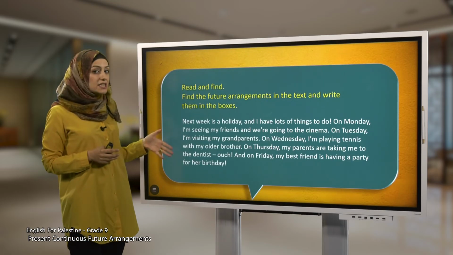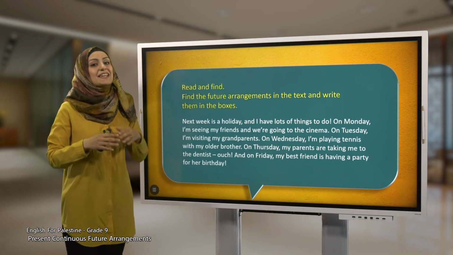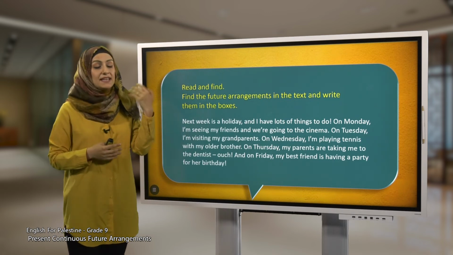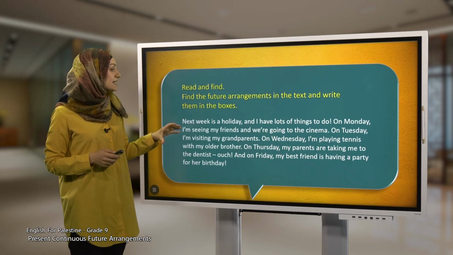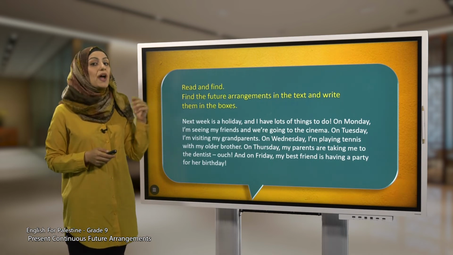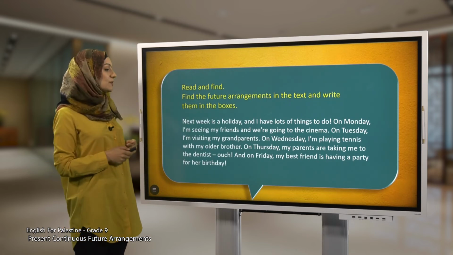As you can see, the whole paragraph is talking about actions that will happen in the future. Now let's write the sentences that show future arrangements and that are written in the present continuous.